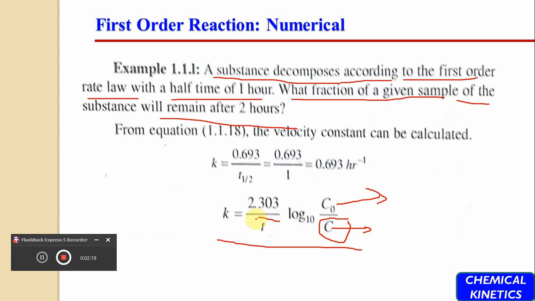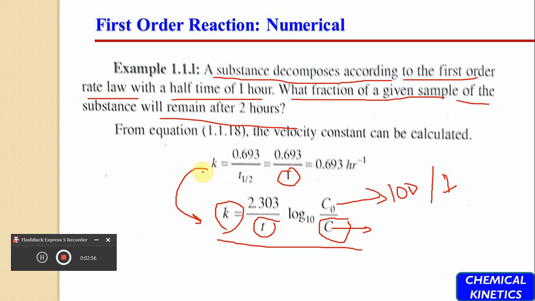T is 2 hours, and for the determination of C we can take C0 as either 100, or if it is a fraction, we can take it as 1. But we don't know the value of k, and for its determination the half-life period is provided, and that is 1 hour. So with the help of the half-life period, first of all we will calculate the value of k, and then we will use this value in the determination of the concentration of reactant left unreacted after 2 hours.